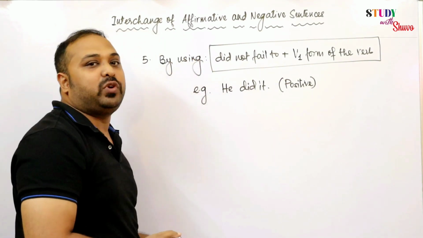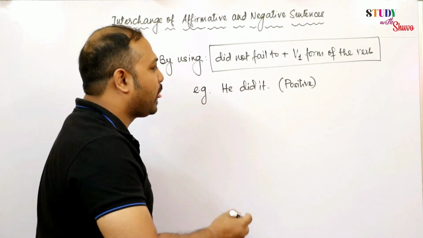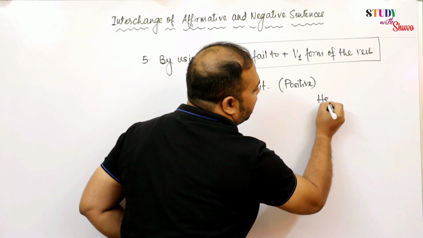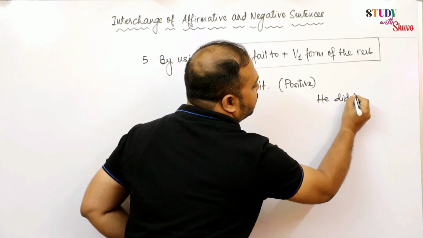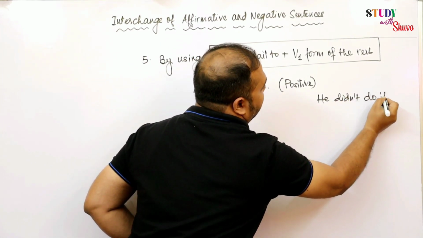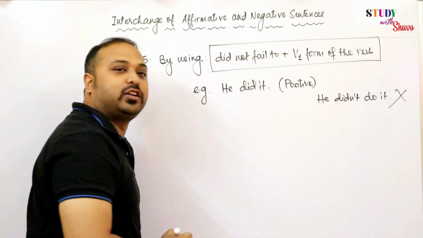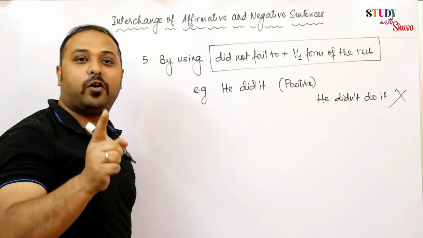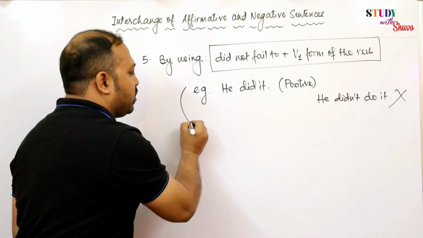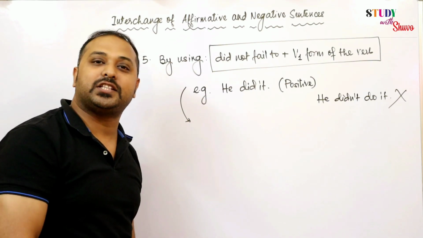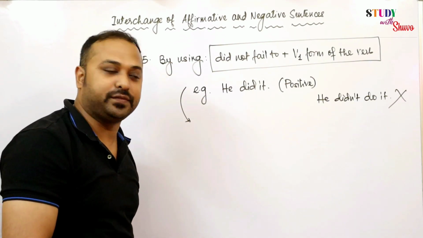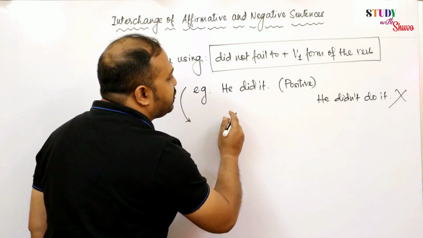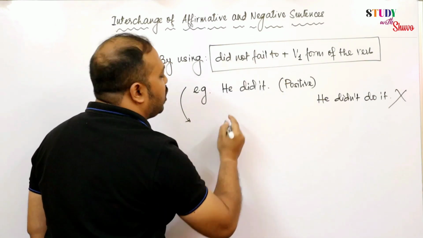Now the mistake that we all make is, I'll show you. We simply write, he did not do it. And this is where it goes wrong. Now I'll tell you the correct procedure of converting this sentence from affirmative to negative. We simply need to introduce this expression, did not fail to.